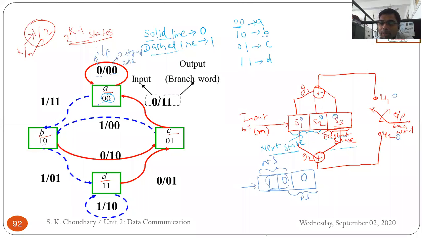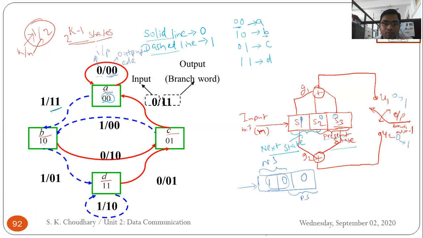But when you receive the input 1, U1 would be 0, 1 plus 0 plus 0, that is 1. And U2 is 1 plus 0, that is 1. So the output would now be 1, 1.